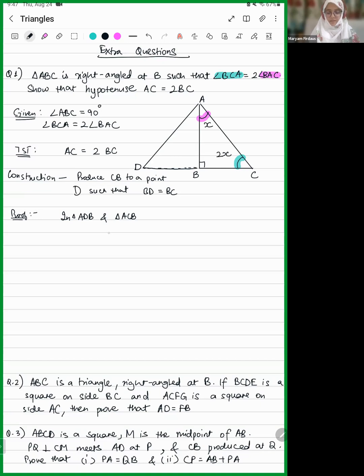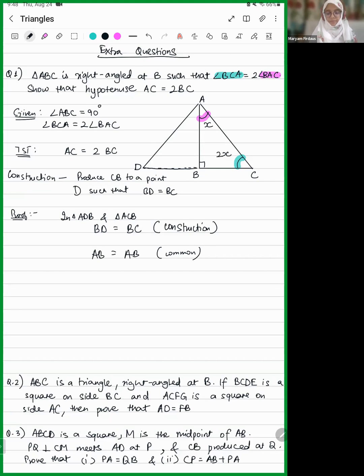By SAS. What all things do we have? BD equals BC, the reason being by construction. Then the common side, AB is equal to AB because it is common in these two triangles.